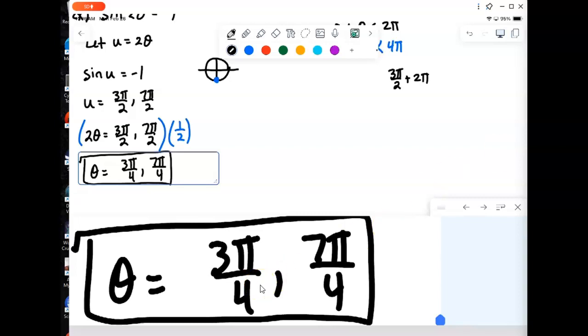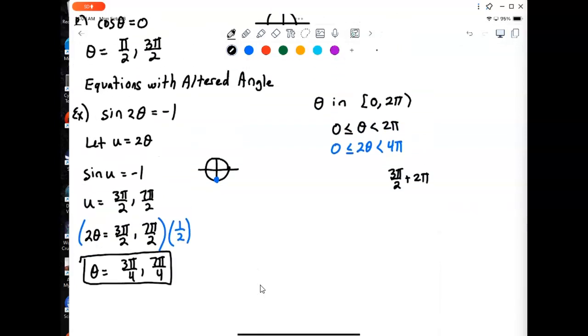But the key idea again is we first expand our range, and then find all the solutions in that expanded range, and then we go back and solve for theta. So it's not a lot different. There's just that extra bit that we're going to have to solve for more angles initially, as we then solve for theta or x or whatever the variable might be.